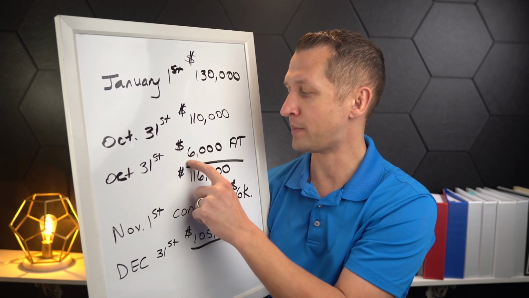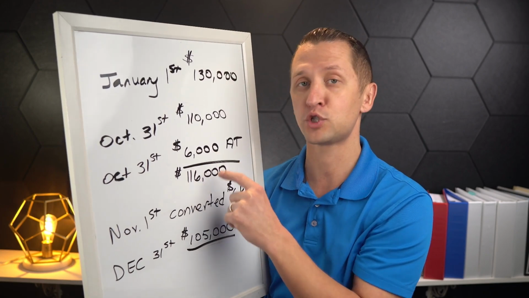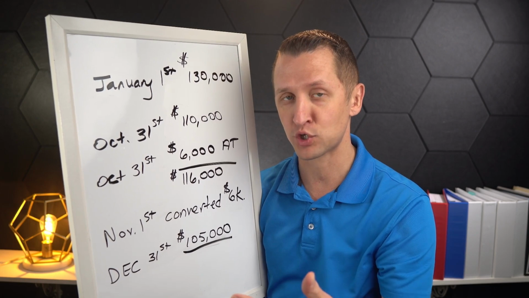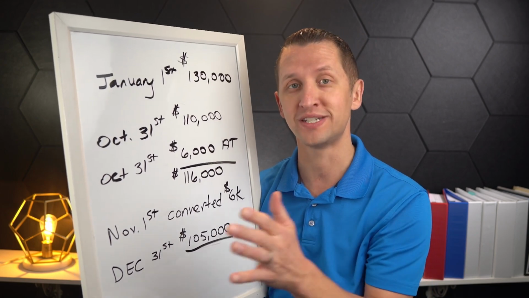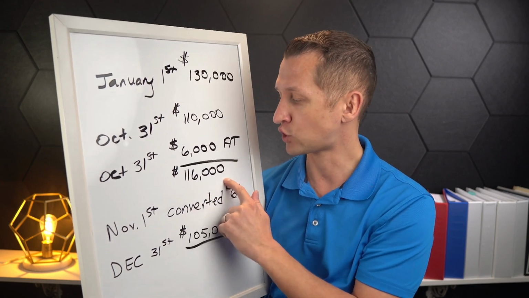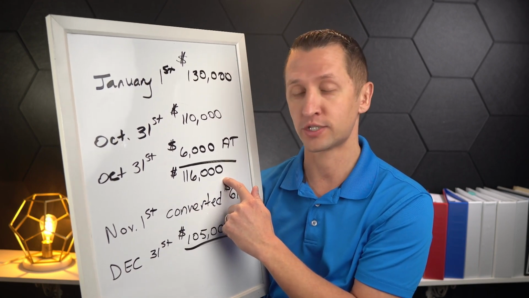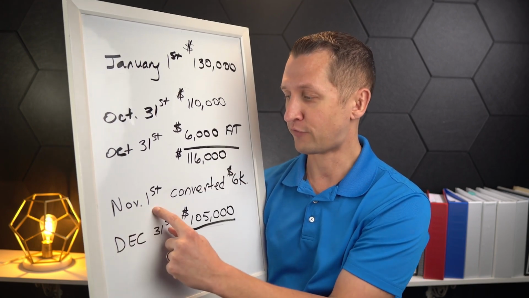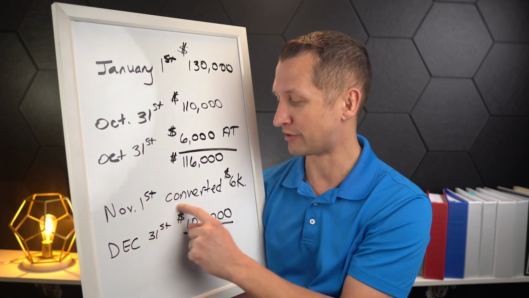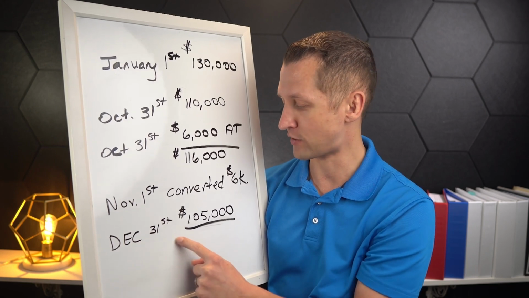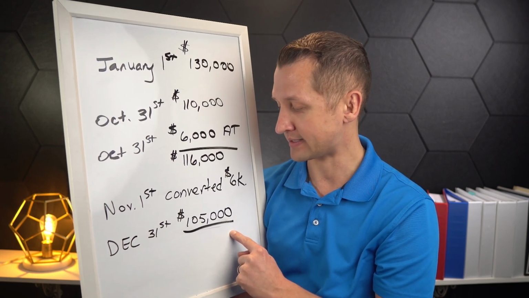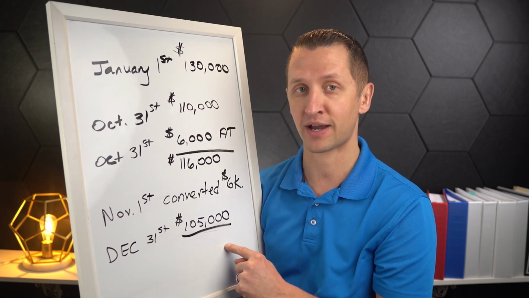That same day, we made a $6,000 after-tax contribution, also known as a non-deductible contribution, to your traditional IRA. That means our total balance at that point is $116,000. Then the following day, on November 1st, we converted the $6,000. Fast forward to December 31st, our total IRA balances are now $105,000.